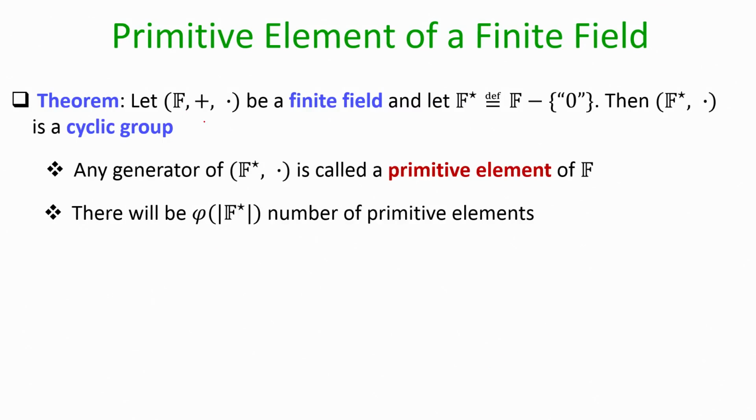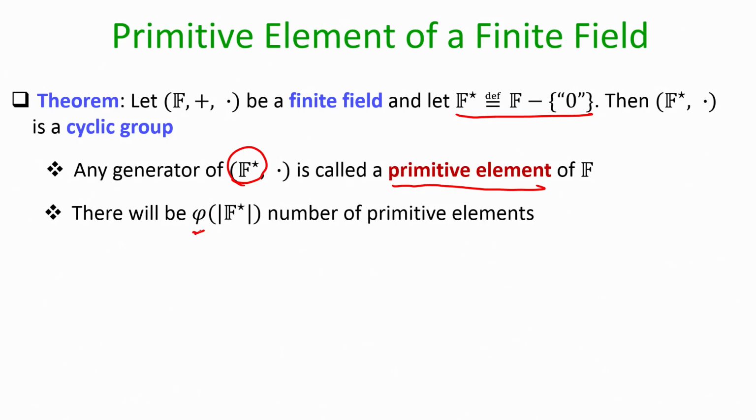So, we have proved that if you take any finite field, okay, and focus on the non-zero elements, it constitutes a cyclic group. That means the collection f star along with the dot operation will have a generator, and the generator is also called the primitive element of your entire field. And how many such primitive elements will there be?